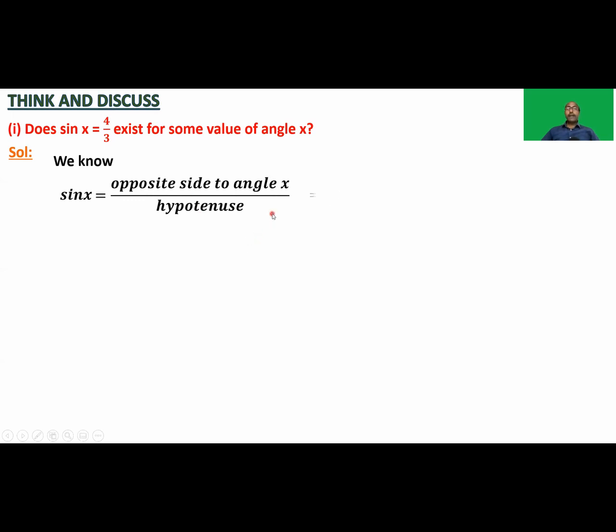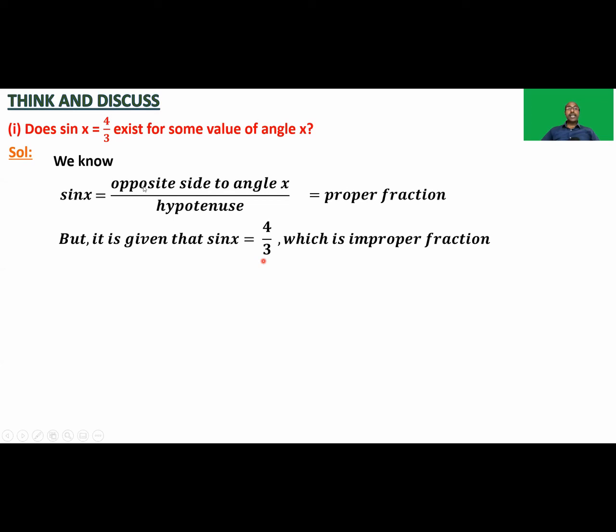So this is a proper fraction. But here it is given that sin x is equal to 4 by 3, which is an improper fraction. In any type of triangle, sin x is a proper fraction. So sin x is equal to 4 by 3 does not exist in any triangle.